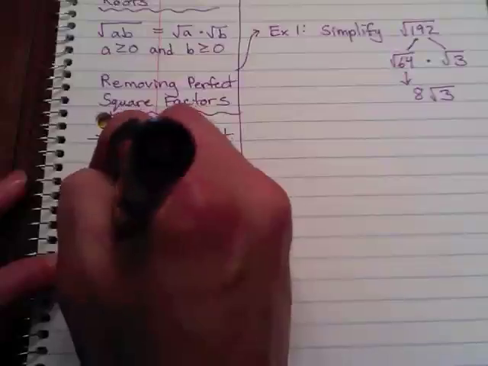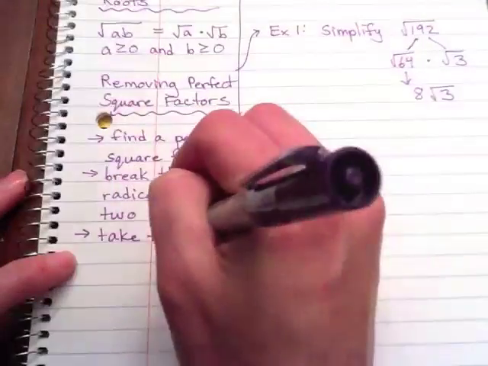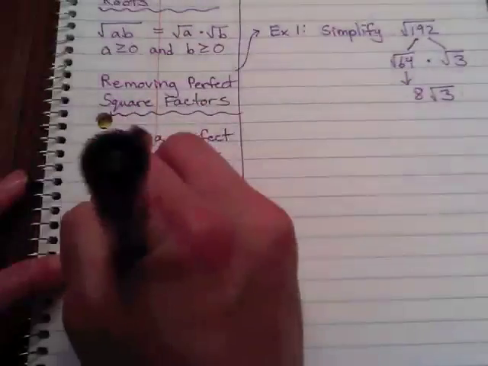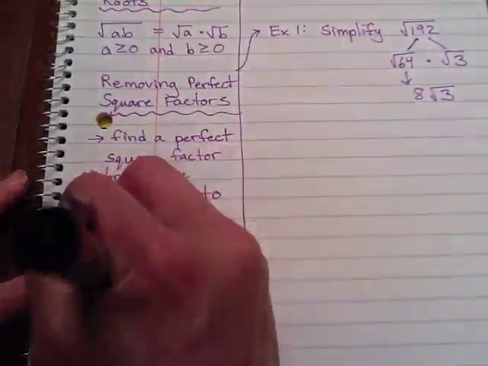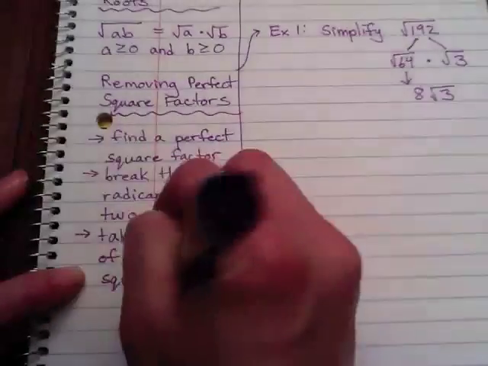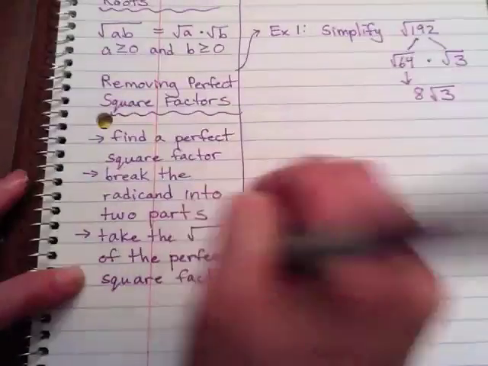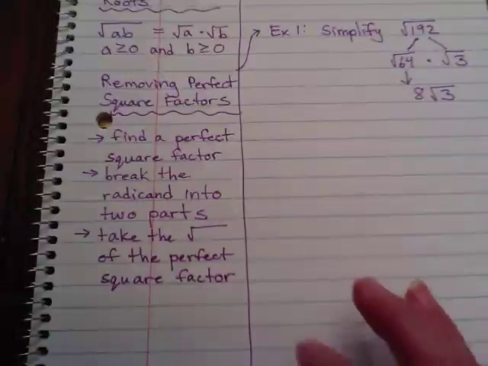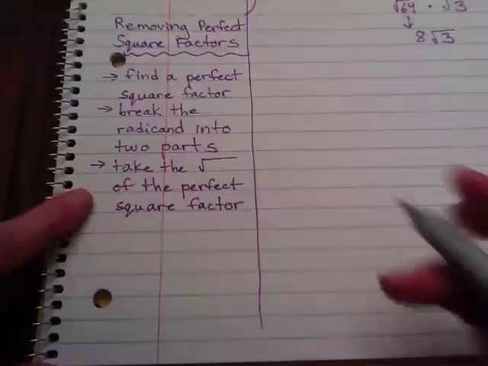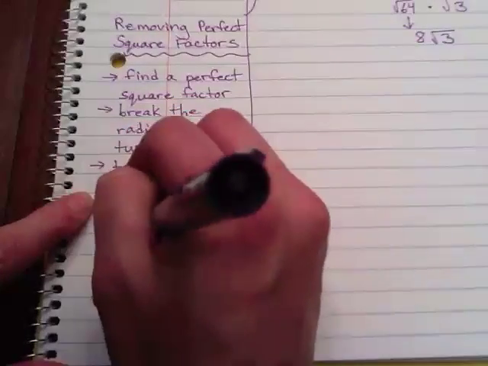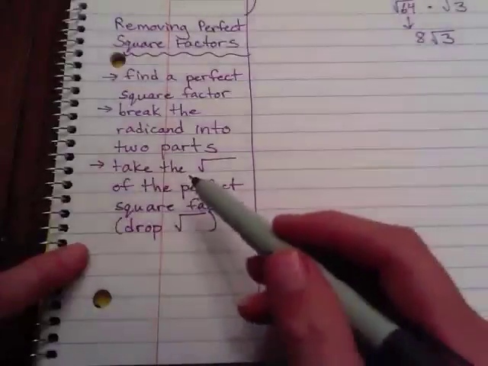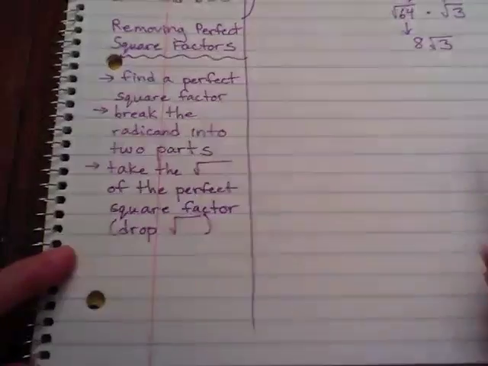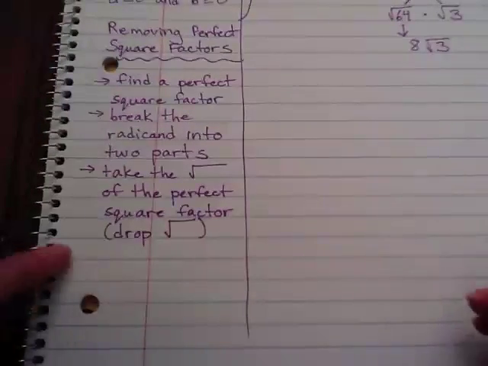And then you take the square root of the perfect square factor, and when you take the square root, you actually get to drop the square root sign. Only time you're ever going to drop the square root is when you're actually taking a square root. So make sure you leave square roots with things that don't have a perfect square.